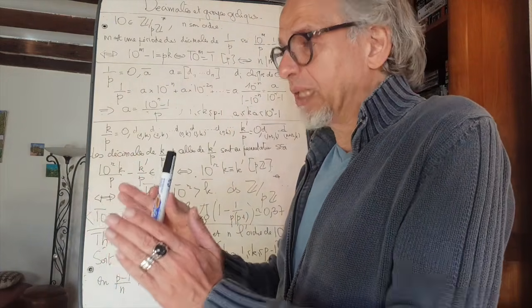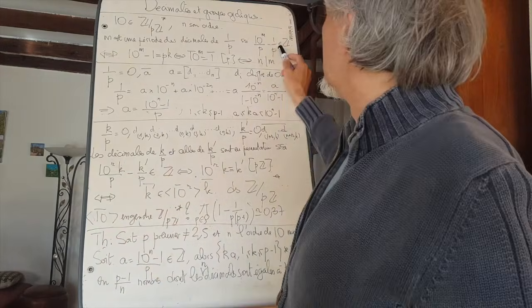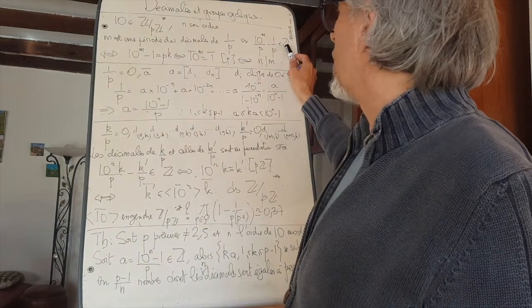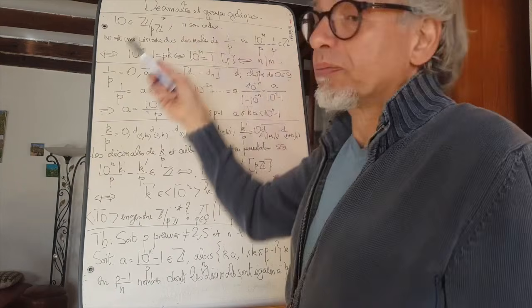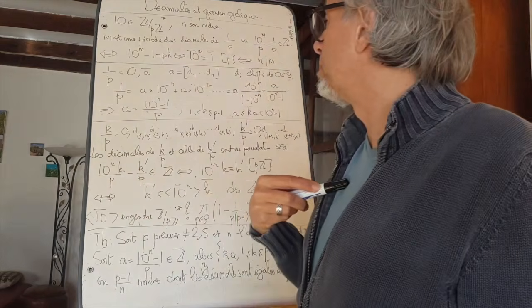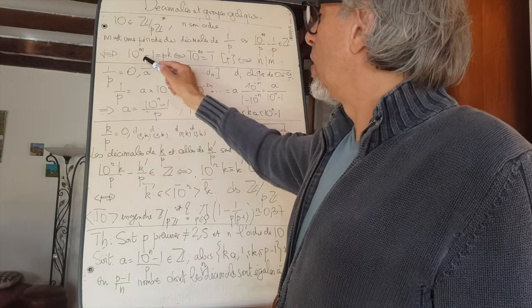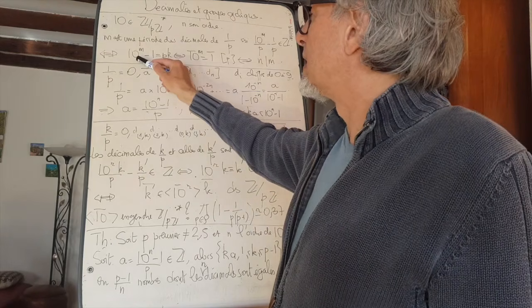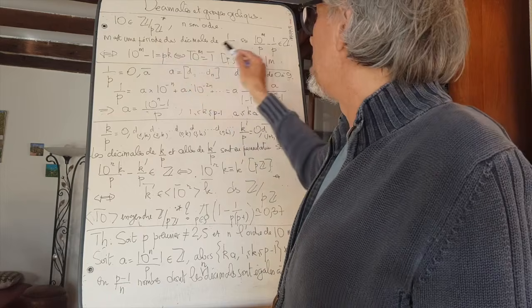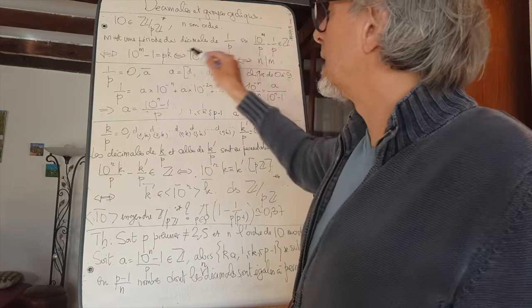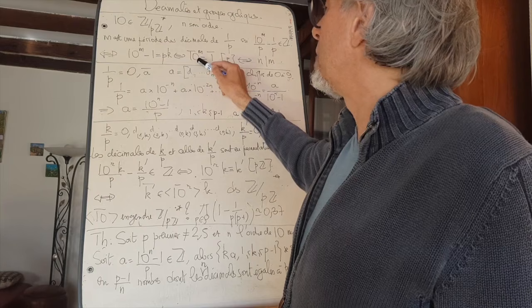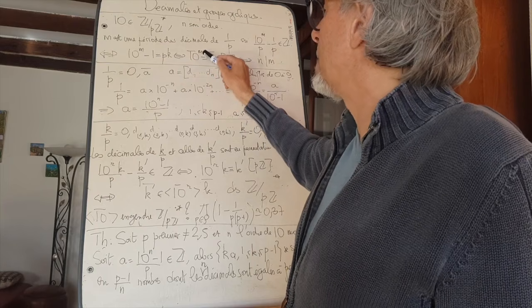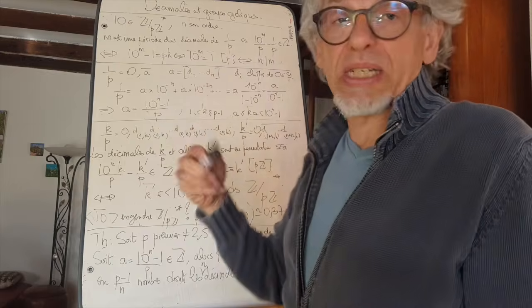Since it's periodic, all the decimals will cancel each other out, so we're going to have an element of Z. And conversely, if we have an element of Z, then it's necessarily a period. So it's if and only if 10^m/P minus 1/P is equal to a certain k, the element of Z that is here. And so, if and only if 10^m is equal to 1 in Z over PZ.